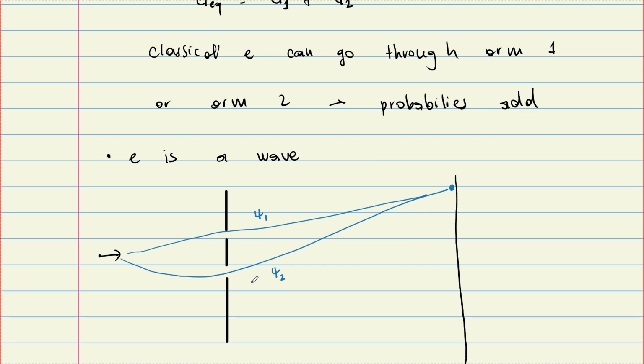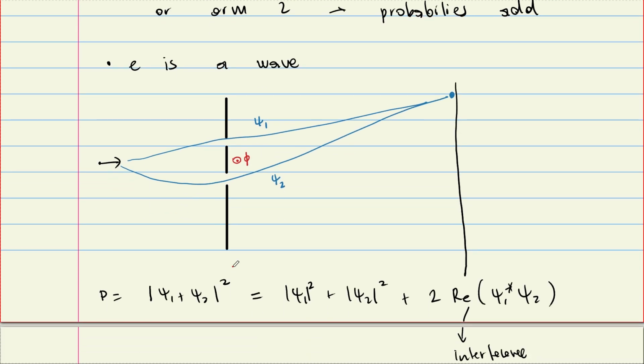And now we can think about putting a flux tube right behind this center, like this, put a flux here, phi, and the flux is only behind the screen, so there's not going to be any Lorentz force on the electron. But we just saw from the phase that there's a phase shift in the electron, and we may ask what is going to happen to the interference pattern.